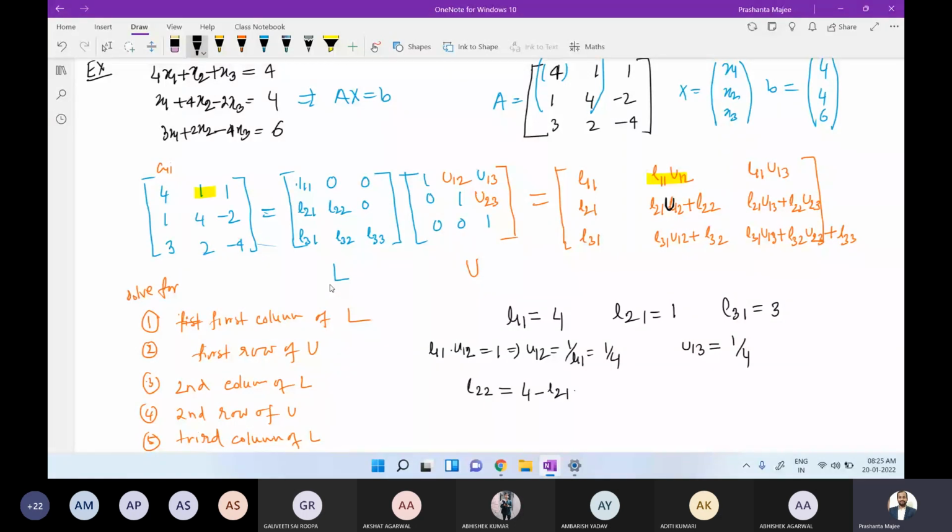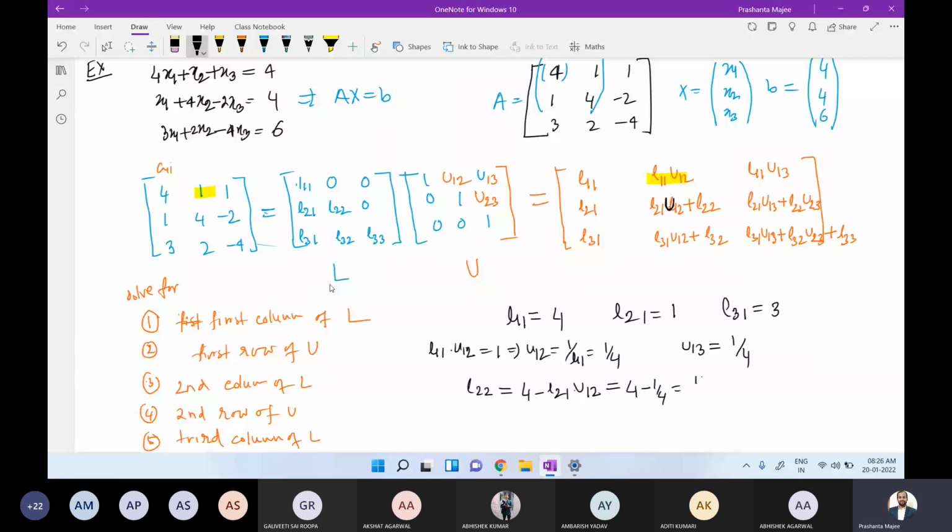So how much? L21 is 1 and U12 is 1 by 4. So 4 minus 1 by 4. How much? 15 by 4.